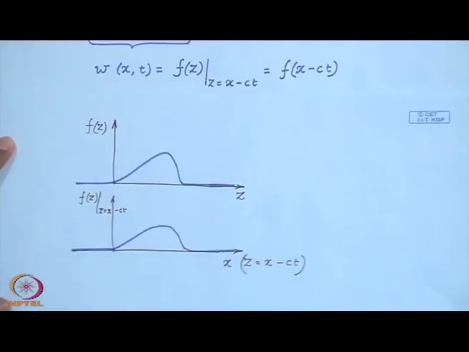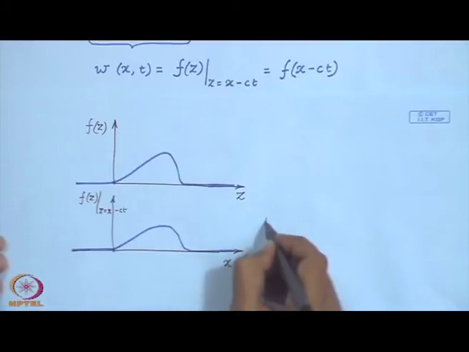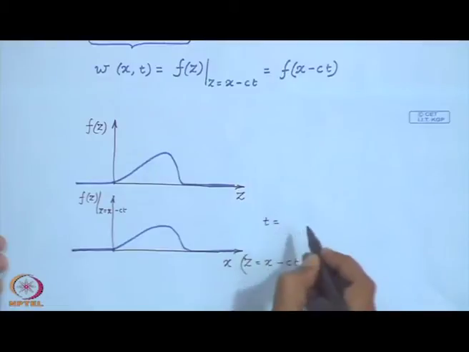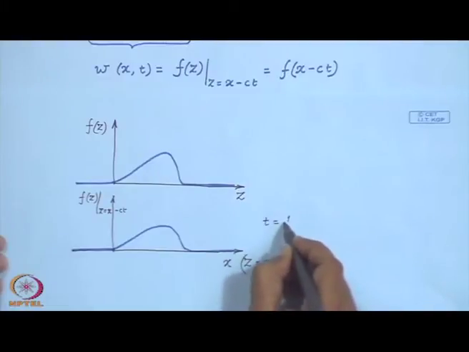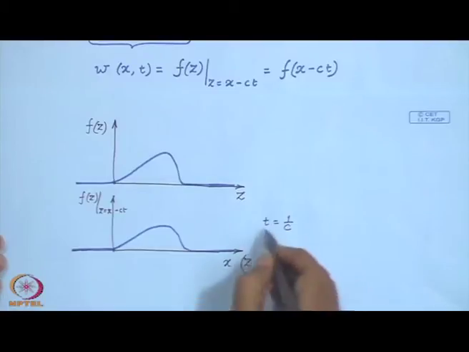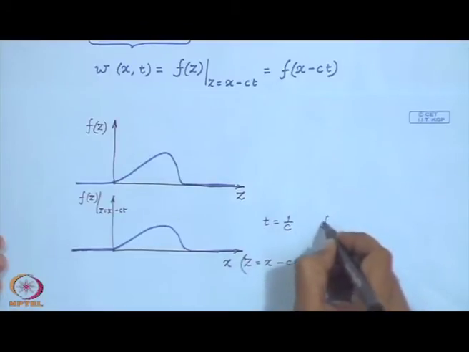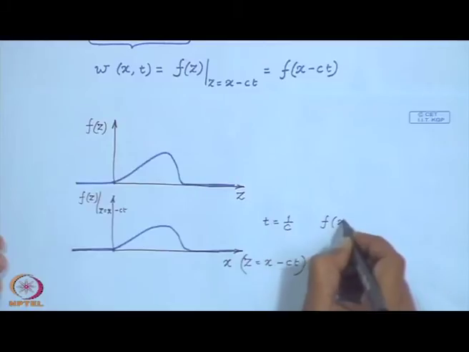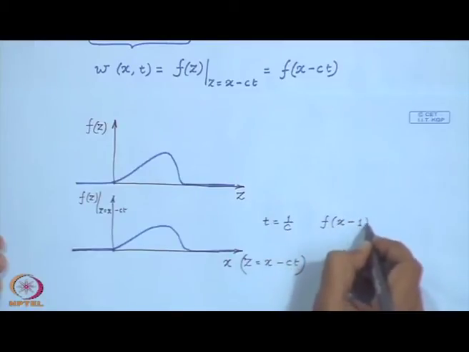At a certain time, what will happen? Suppose t equal to, let us say, 1 over c. What we have at t equal to 1 over c is f of x minus 1.